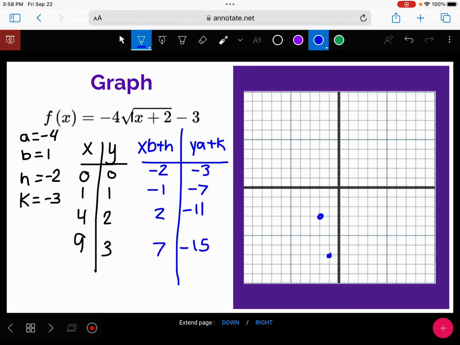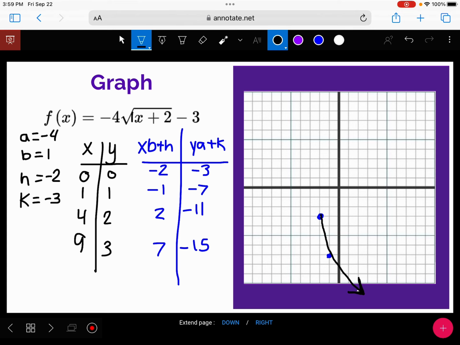At 2, we're going to be at -11, so just barely off the screen here. I'm going to grab us a little white pen real quick so we can see it. Right here. So it's just barely off the graph a little. And then when we get up to 7, it's far enough off the graph that it's off my screen. But we know it's going to start at this end and it's going down like this. And we can see how it's moving here.